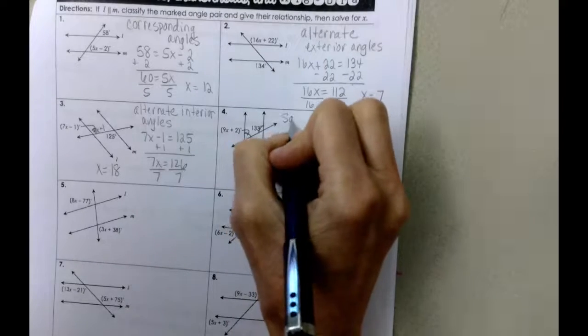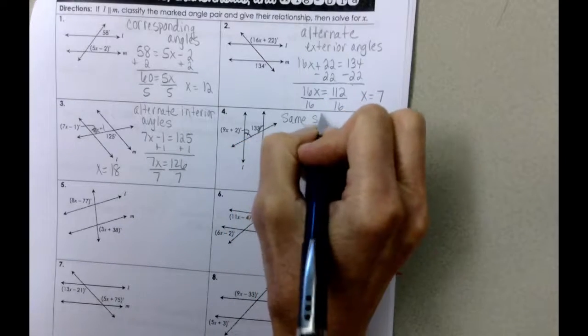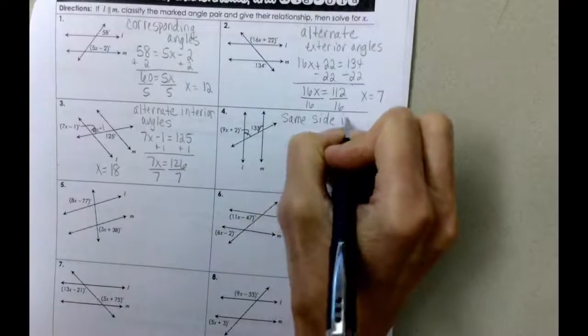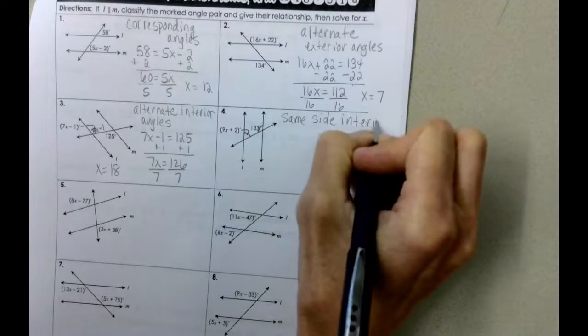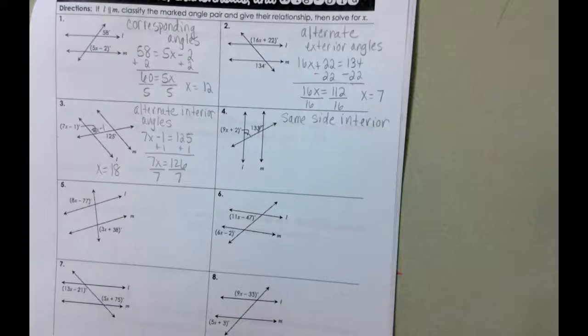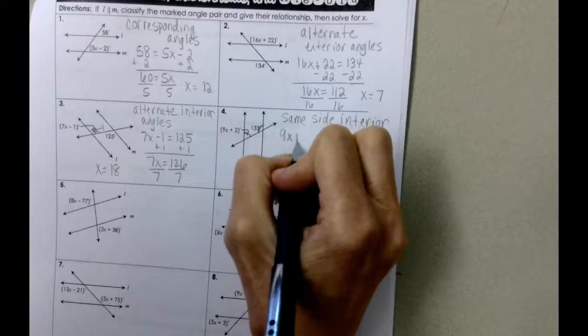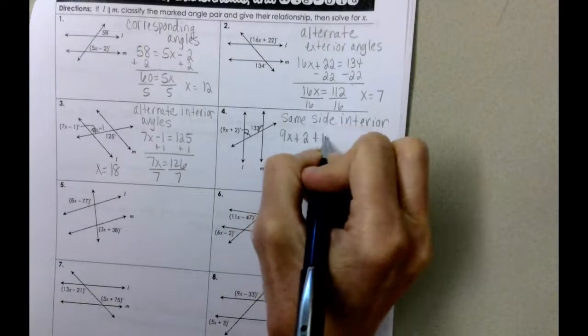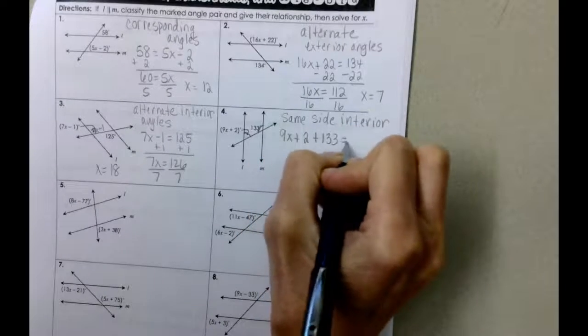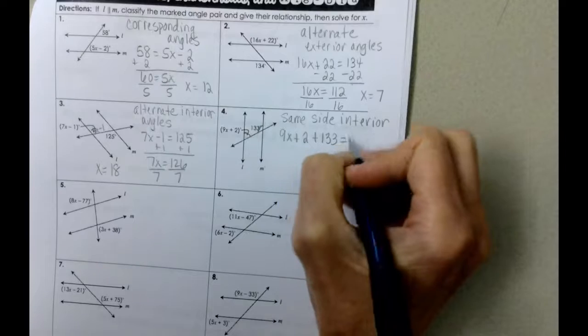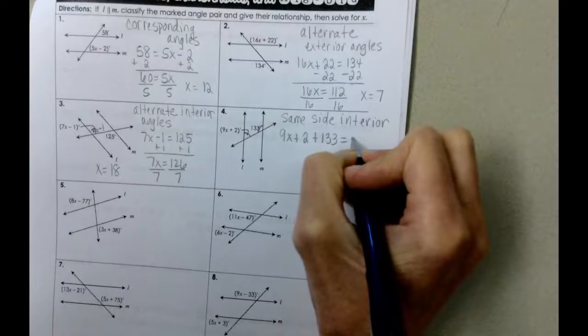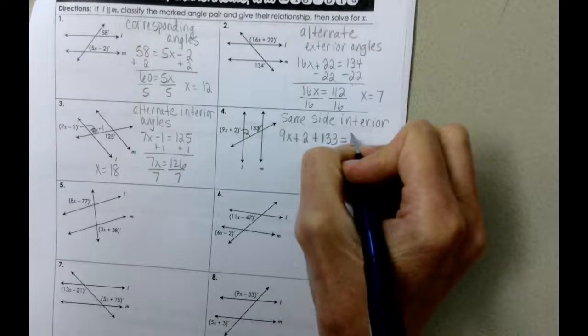So these are same side interior angles. With regards to same side interior angles, we need to take the 9x plus 2 and 133, and when we add those two together, they add up to 180.